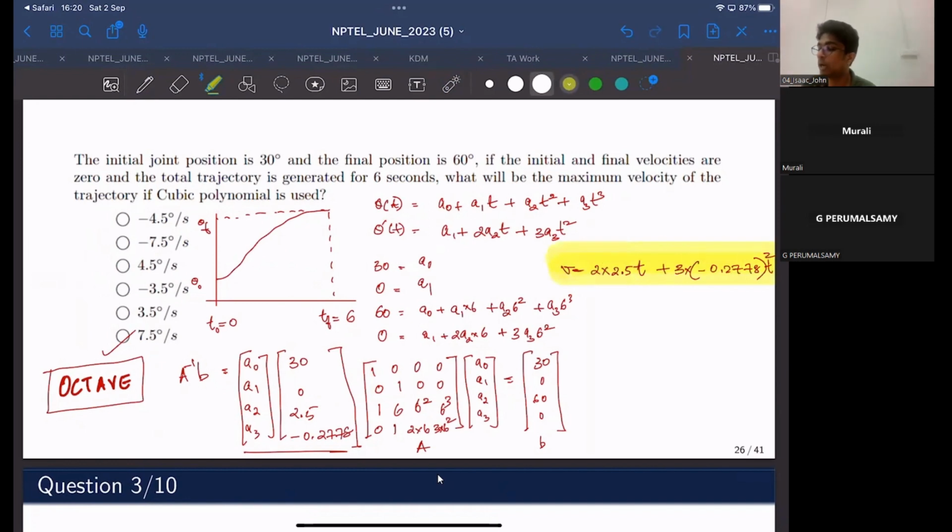Right? And you are also asked to find the maximum velocity. I don't know if it's easy to figure out that the maximum velocity occurs at exactly the midpoint of the total time, right? Because the position profile is constantly increasing.